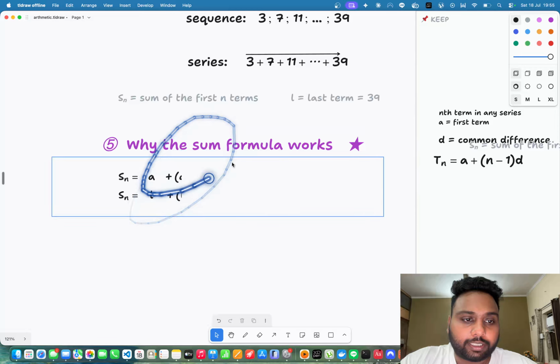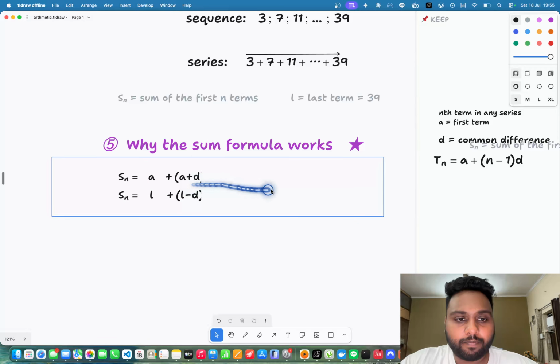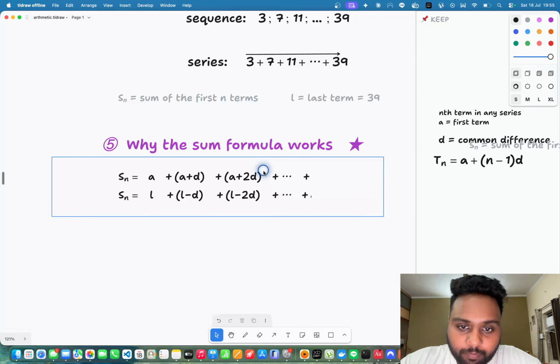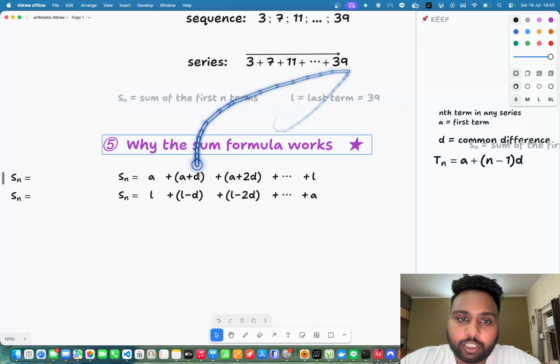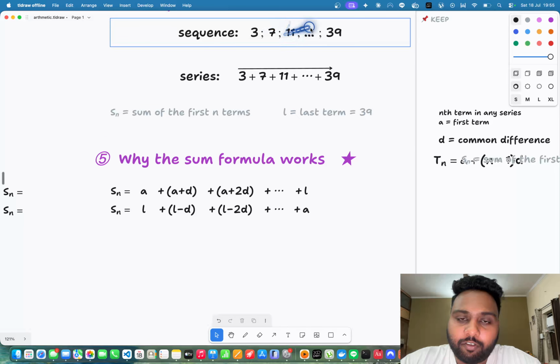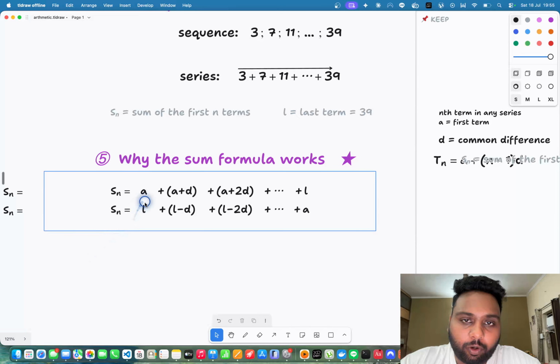We do need to understand how we are going to use it. Somebody wrote this series from front to back. Instead of writing 3, 7, 11, up to 39, we wrote it as 39, dot dot dot, 11, and so on. This is just the same thing, in reverse.